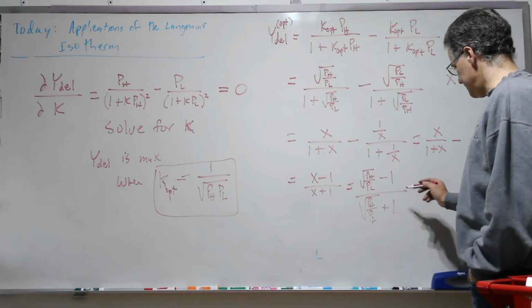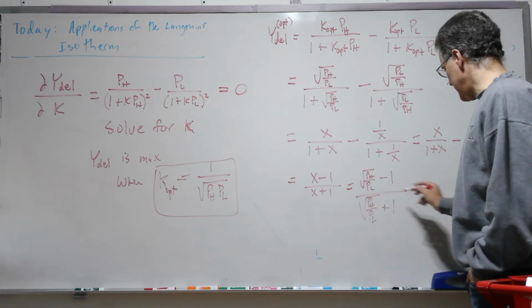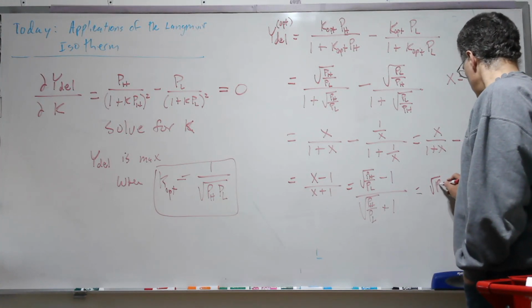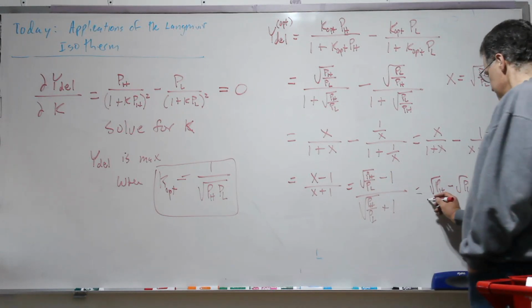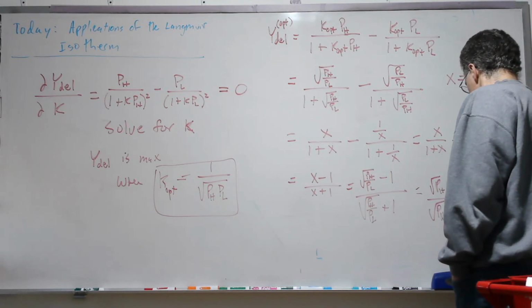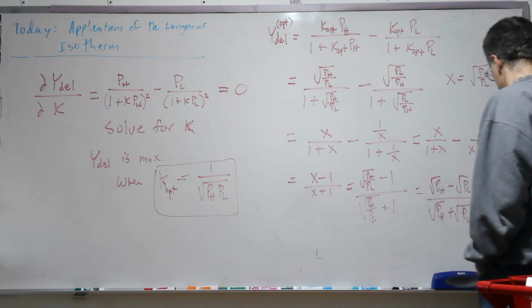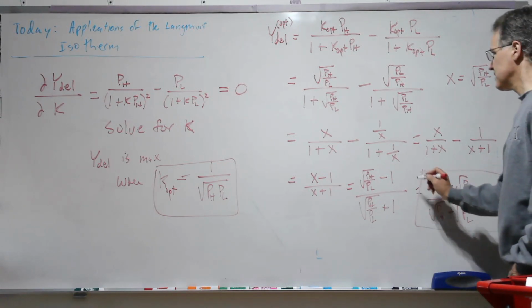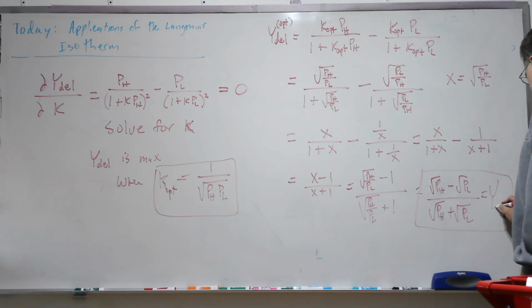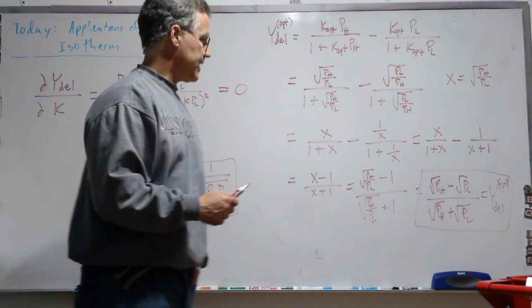And I can multiply through by square root of PL, so I get square root of PH minus square root of PL on top and bottom, equals square root of PH plus square root of PL. It's our value when we have the optimal K.